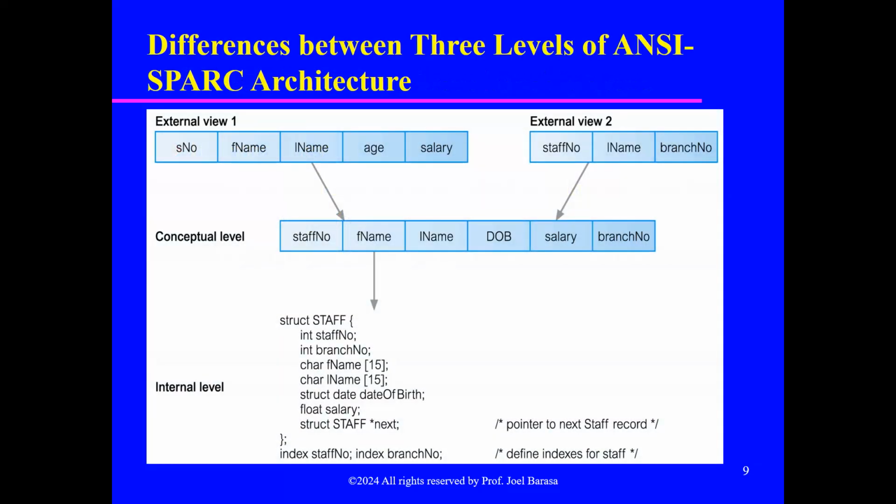Now, what's the difference between these levels? External views, conceptual, and internal. For external, what people are just seeing are the forms that they are interacting with. For instance, you are filling in something like registering a course. What do you see from your end?